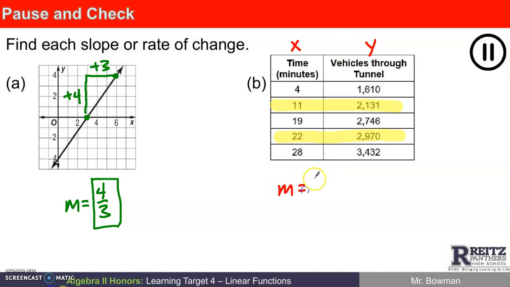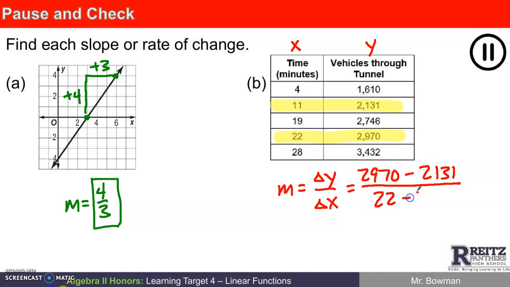So my slope here, my rate of change, delta y over delta x, will be something like the difference of my two y's, 2,970 minus 2,131, all over my change in x, 22 minus 11. So 2,970 minus 2,131 is going to be, let's see, 639.